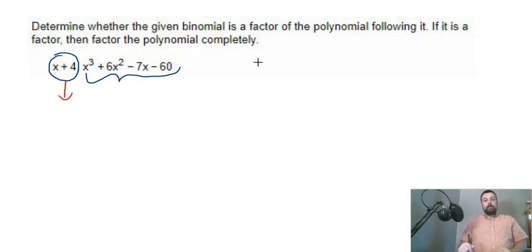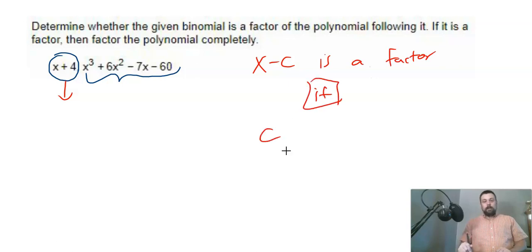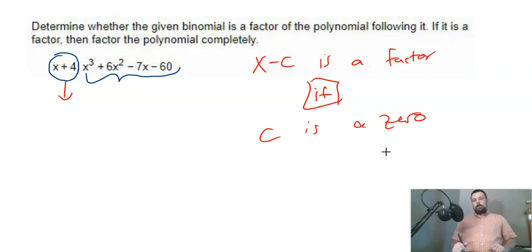Let's redo this. x minus c is a factor if c is a 0. That's what the factor theorem just told us. So I can say, yes, this is a factor if c is a 0. Now, what is c equal to in this case?